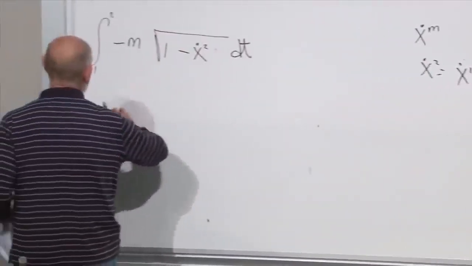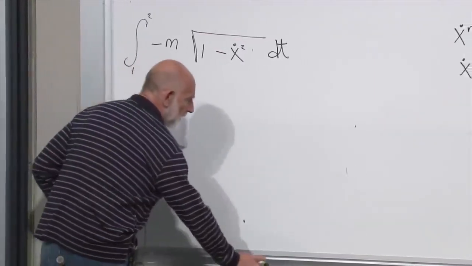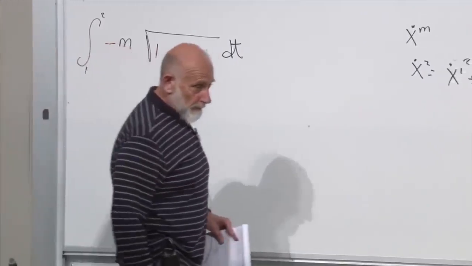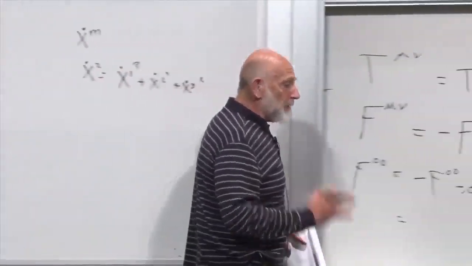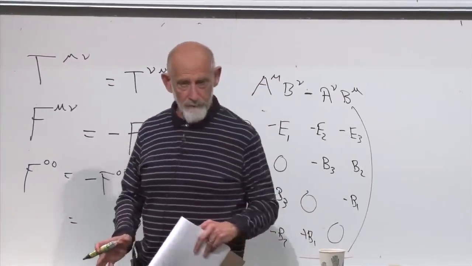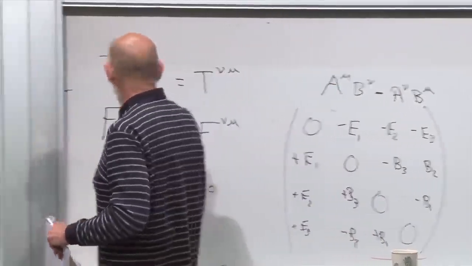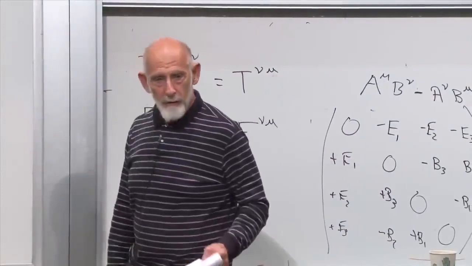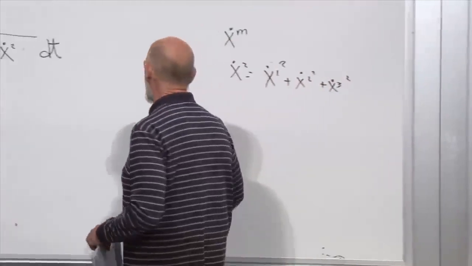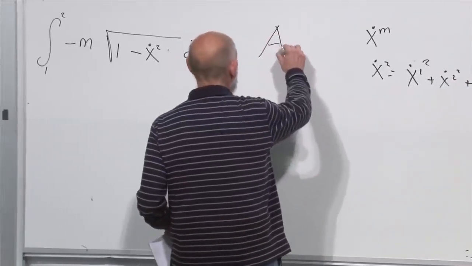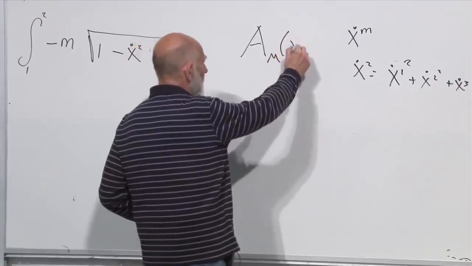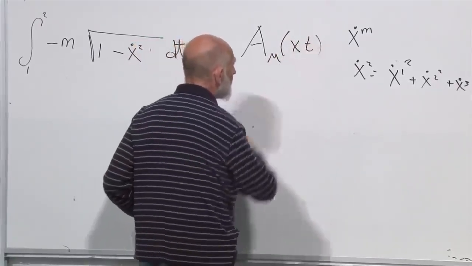What do we add in an electromagnetic field? Well, I haven't told you much about electromagnetic fields yet, but the basic structure which enters is a 4-vector. The electric and magnetic fields themselves are derived quantities. The basic underlying quantity is a 4-vector A mu, a function of position and time.